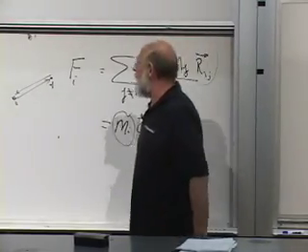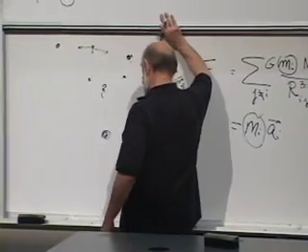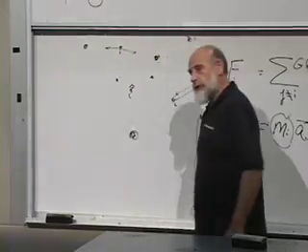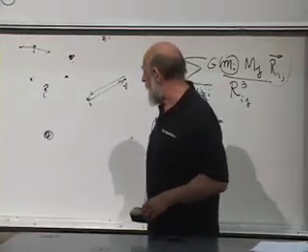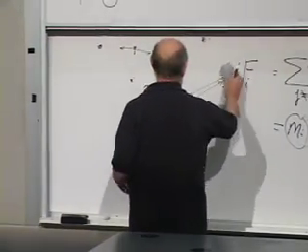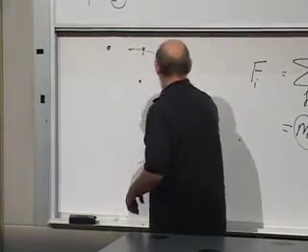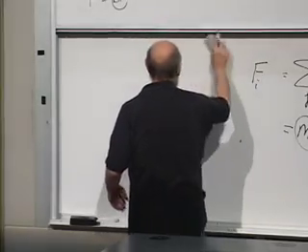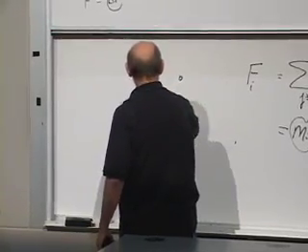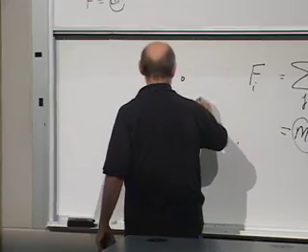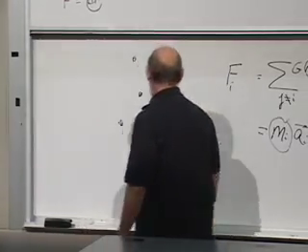All right, let's come to the idea of the gravitational field. The gravitational field is in some ways similar to the electric field of an electric charge. It's the combined effect of all the masses everywhere.